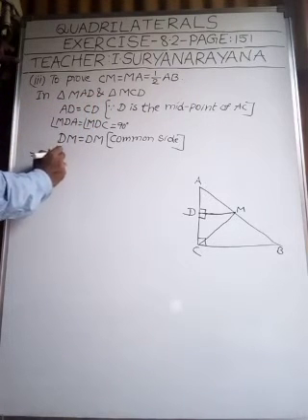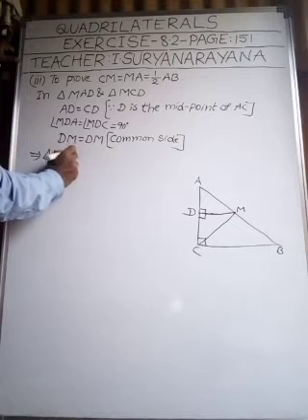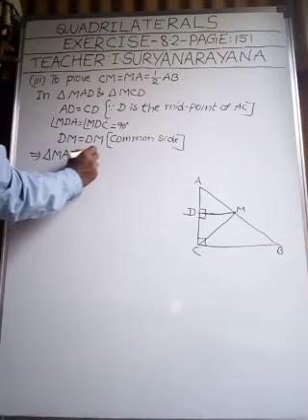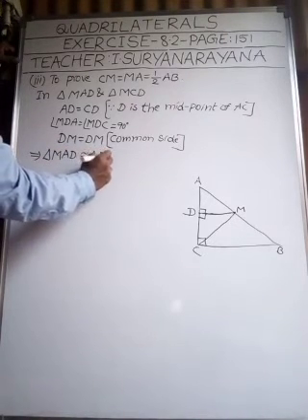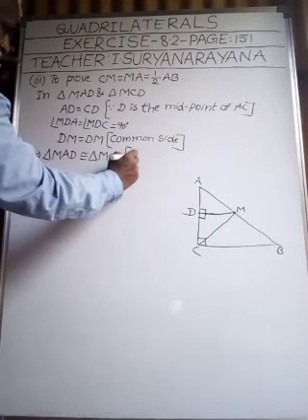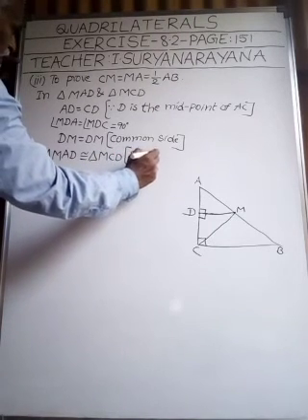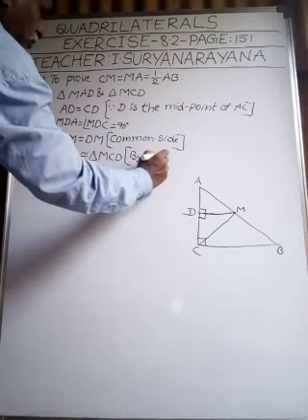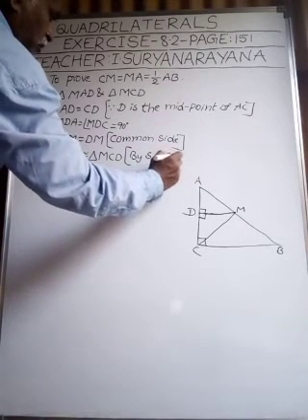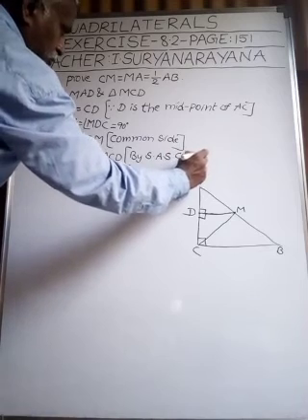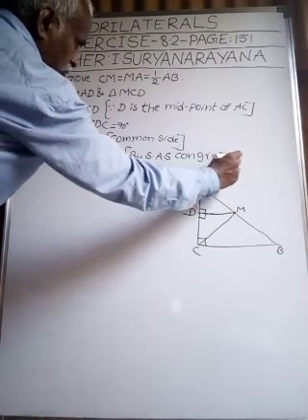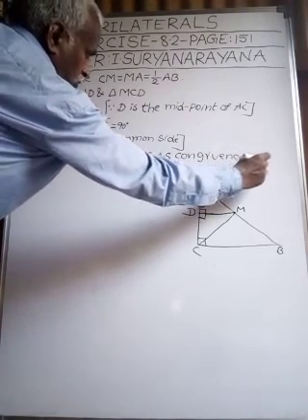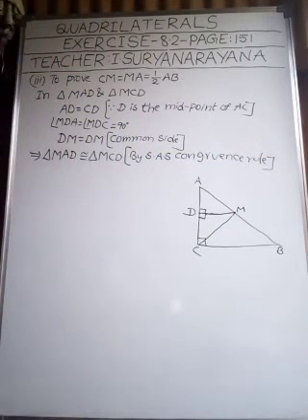Therefore, triangle MAD is congruent to triangle MCD by the SAS congruence rule.